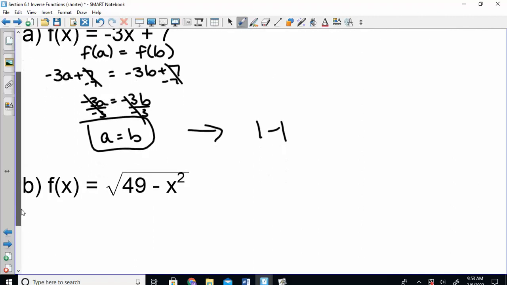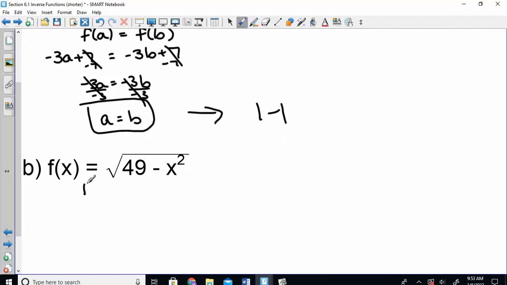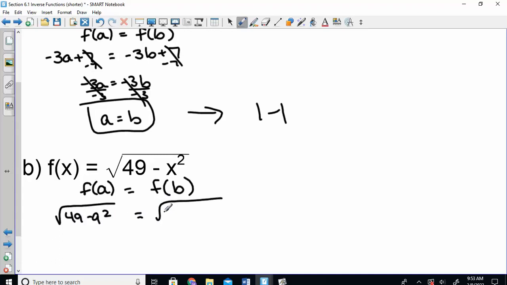Let's try another one. So if I'm trying to decide if this is one-to-one, we start out assuming that y does repeat. F of a equals f of b. How do we get rid of a square root? Square it.